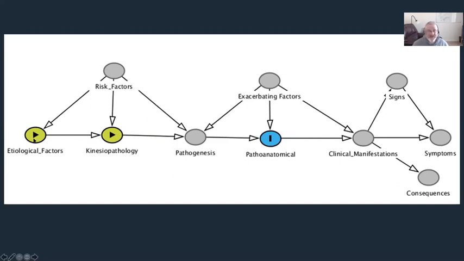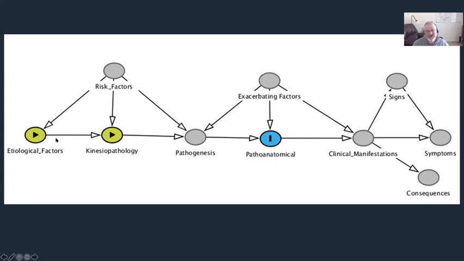So whether it be the field, the conditions of the field might alter the way people move on that field. The conditions of work are a big one. So ergonomic factors have a big influence over how people move, and then how people move might lead to pathogenesis. Now, there can be other factors that lead into pathogenesis. It doesn't have to be kinesiopathology.